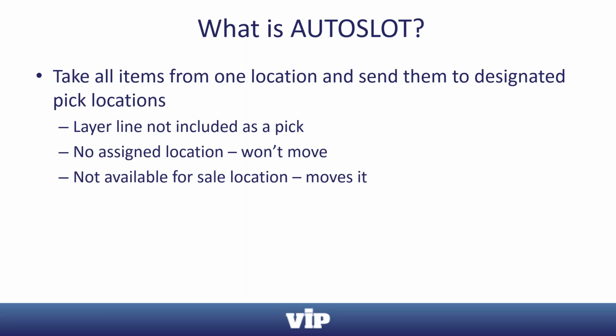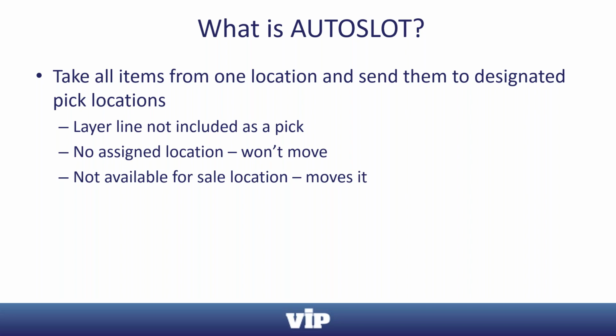So if I had the Star Good location, for instance, and I had product coming back into that, and I've put all that product away to the pick locations, I want to move that really quickly into those pick locations. That's what I could use Auto Slot for. It doesn't work for the layer line, something to think about. If you have that as a pick location, it's not going to move any product to the layer line.